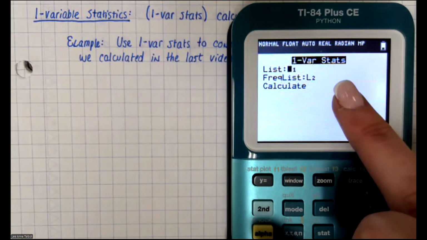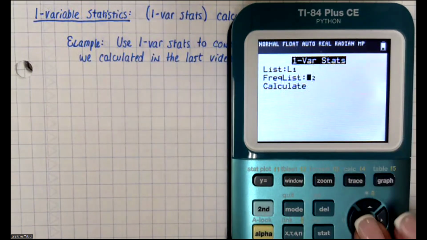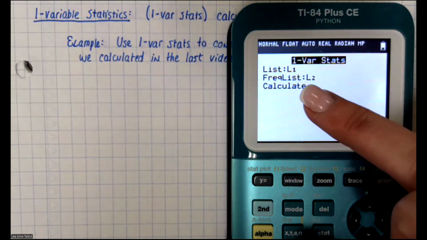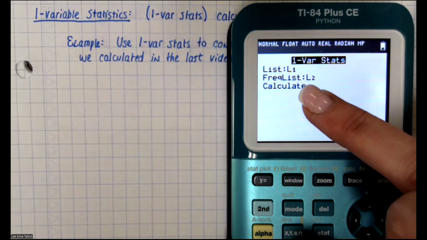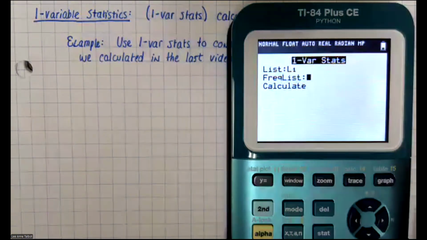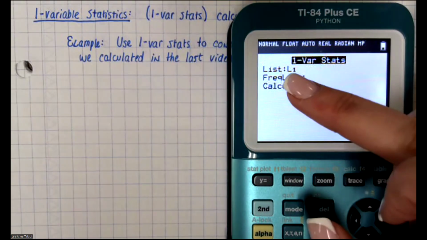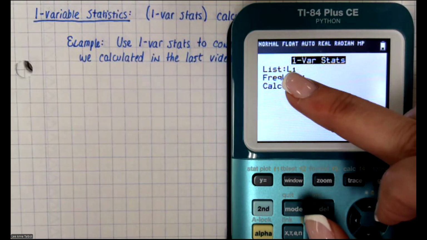I'm using L1. And you want to make sure that you don't have anything in your frequency list. This is going to be in chapter 6, not chapter 1. So take out anything that's in the frequency list. Make sure that this is blank. Make sure this says L1.